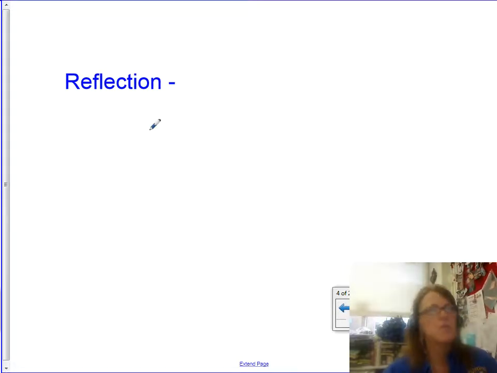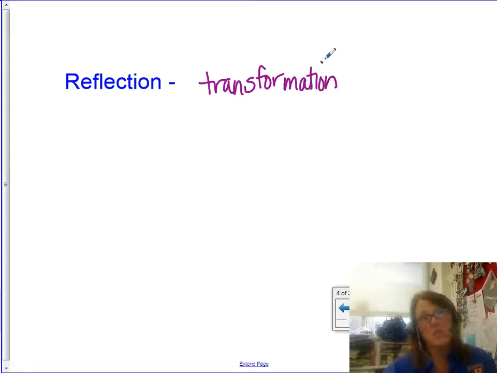So mathematically, what's a reflection? What are we talking about here? It's some sort of transformation, a change. We start with a point, or most of the time some sort of polygon, like a triangle or a quadrilateral or some kind of shape. And basically, here's what happens. You flip it, in other words, reflect it across some sort of line of symmetry.